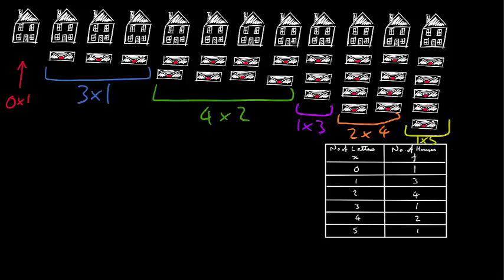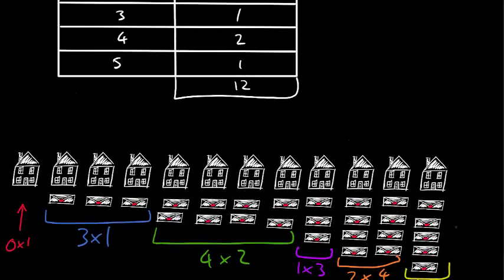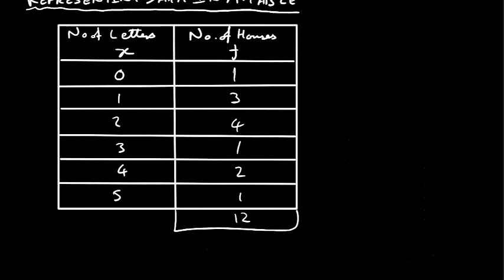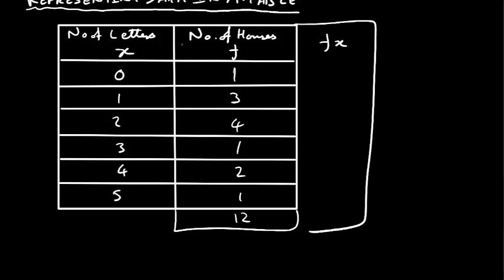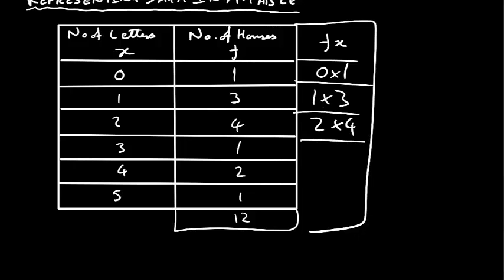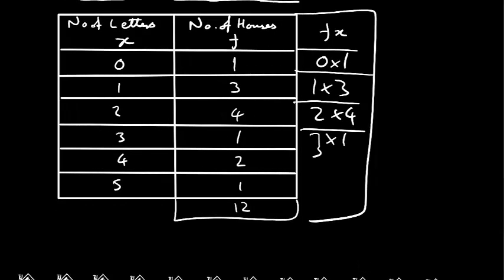So again, this is just a visual example of why we should multiply the frequency by the x column. In other words, for these 2 columns together, we put a third column on, which is these 2 things being multiplied together. So in other words, 0 times 1, 1 times 3, 2 times 4, 3 times 1, 4 times 2, and then finally 5 times 1.